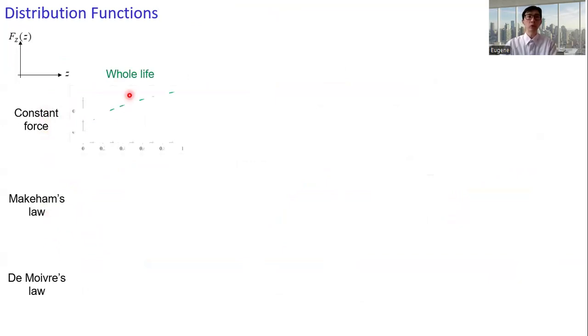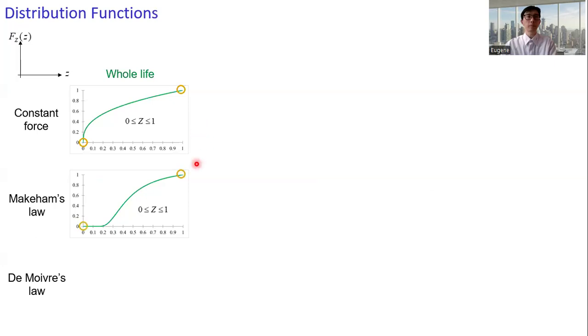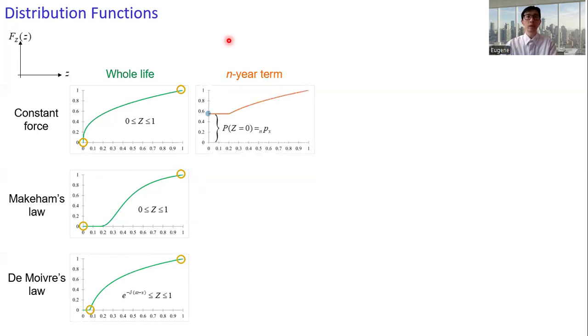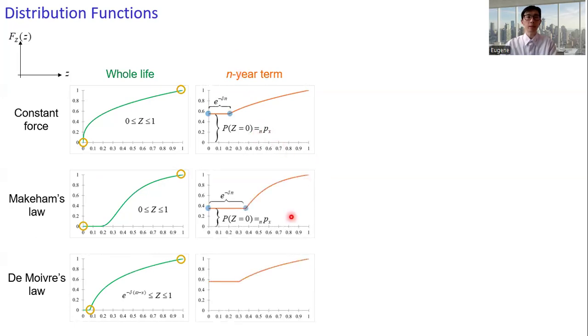And then for whole life insurance, this is a typical pattern for Z. And then for the n-year term insurance, there's a probability mass at Z equals 0. And the probability that Z is 0 is npx. And then when Tx is less than or equal to n, the minimum value of z is e to the power minus delta n.